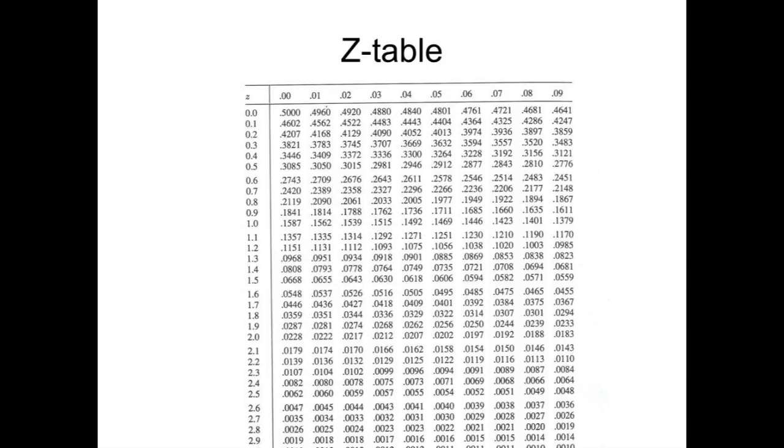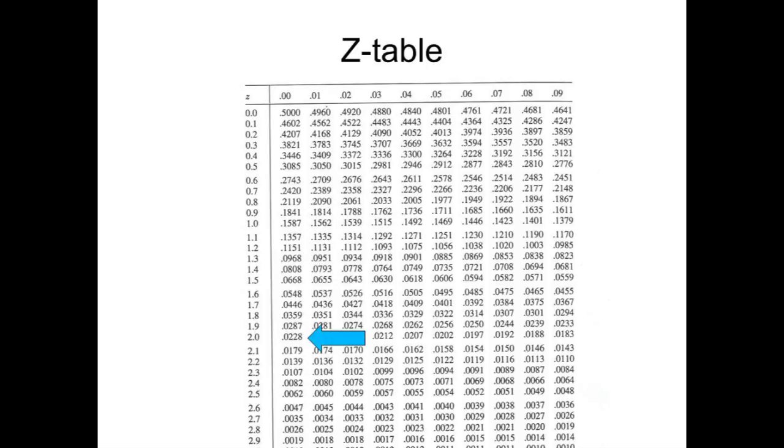So the way we are going to do it from here is this is a Z table, and I'll post the same one for you guys to use when you're working on your lab assignments. But the rows on the left-hand side are going to show Z to 1 decimal place, and then the columns along the top are going to show the second decimal place. For our study, you remember that the Z-score we came up with was 2.00.